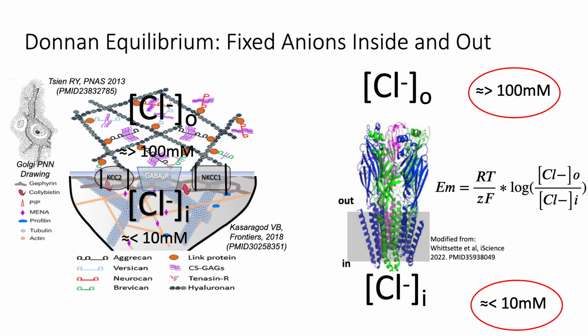So I told you I was going to get back to the Donnan equilibrium, right? There are fixed anions inside and outside of the cellular membrane, and this is really important because on the extracellular side, you have principally chondroitin sulfate. They're glycosaminoglycans that have an immobile anionic charge that forms the immobile phase of a Donnan equilibrium, and inside the cell there are several examples of candidate molecules for an immobile Donnan effector.